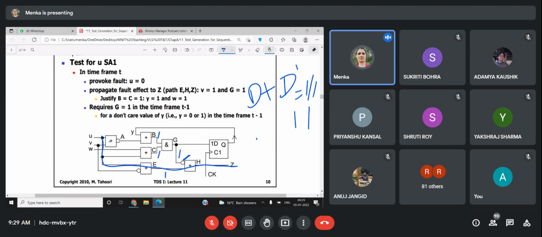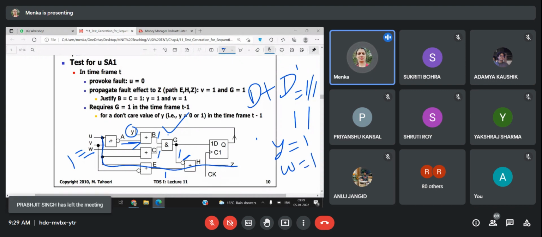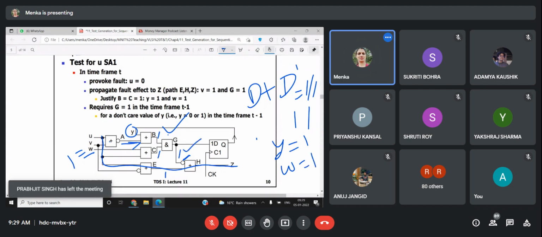We will backtrack, g is 1 means both of these are expected to be 1. Since y in t minus 1 time frame was 1, irrespective of whatever we are getting from here, you are getting 1 here. You can get 1 if w is equal to 1. C will be equal to 1 if w is equal to 1. So this is also sorted. Since y was 1, w you set 1, so you are getting 1 at g.